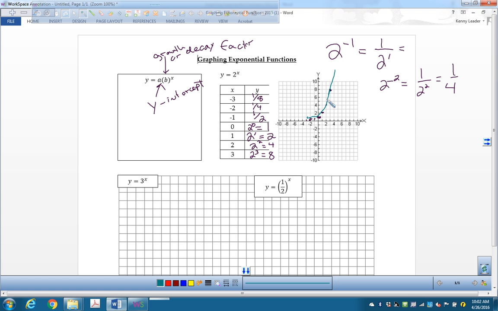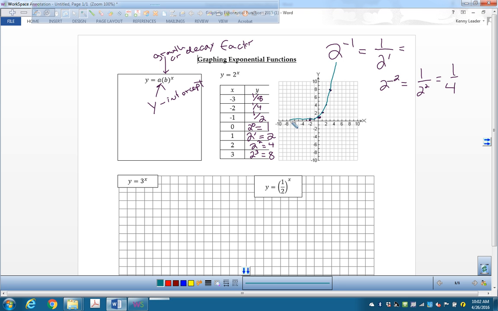Let's try that again. So it's going to come down here. It's going to go through these points. And then it's kind of going to go like this.